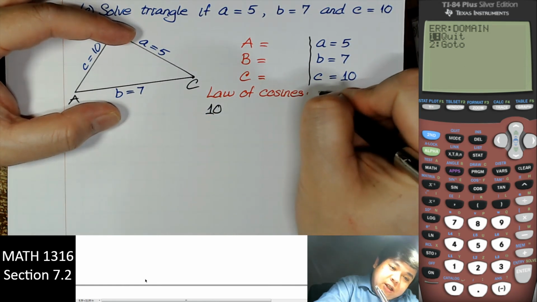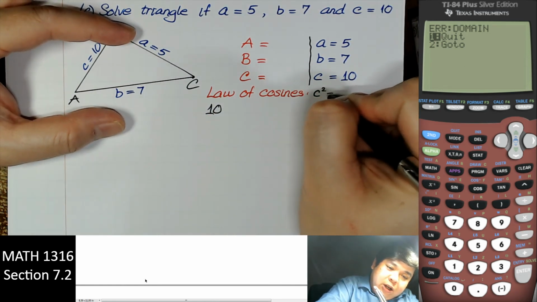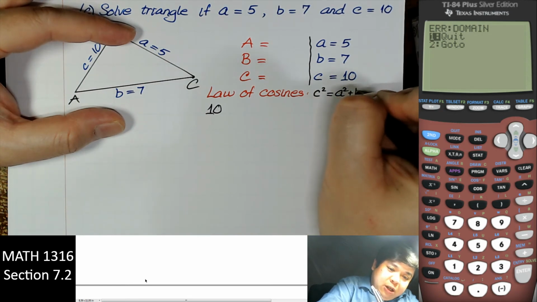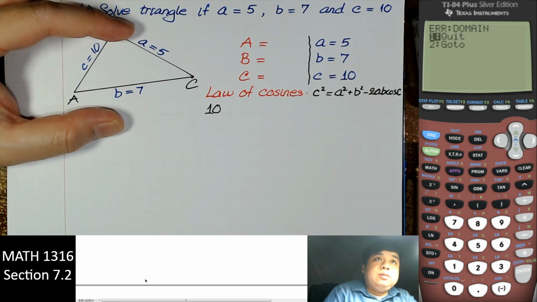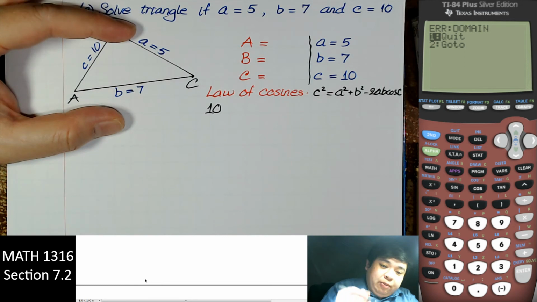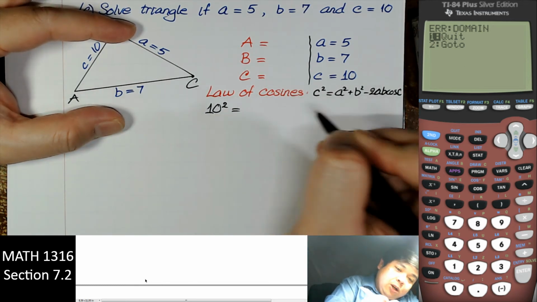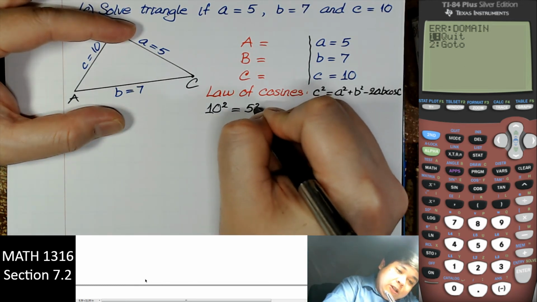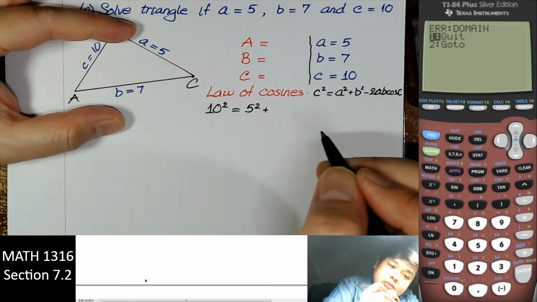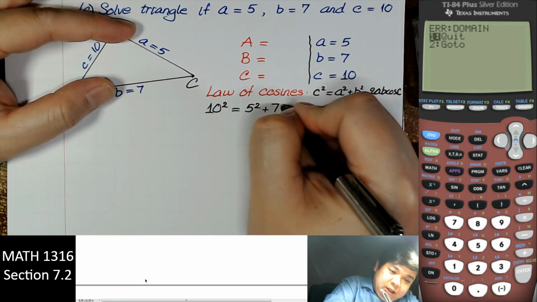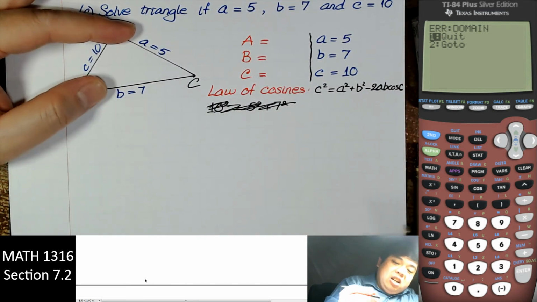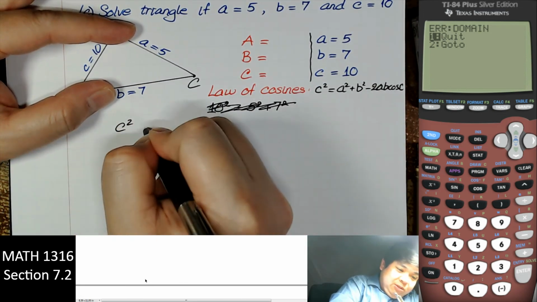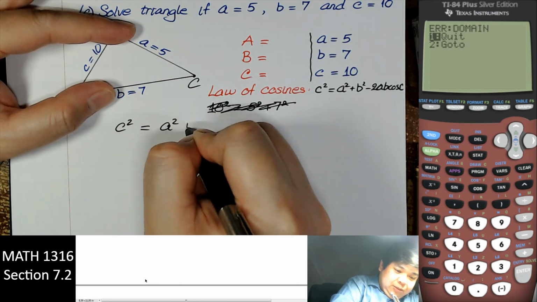Which is c squared equal to a squared plus b squared minus 2ab cosine C. Right. 10 squared equal to 5 squared plus 7 squared. I said this is a bad idea when we put in the numbers.